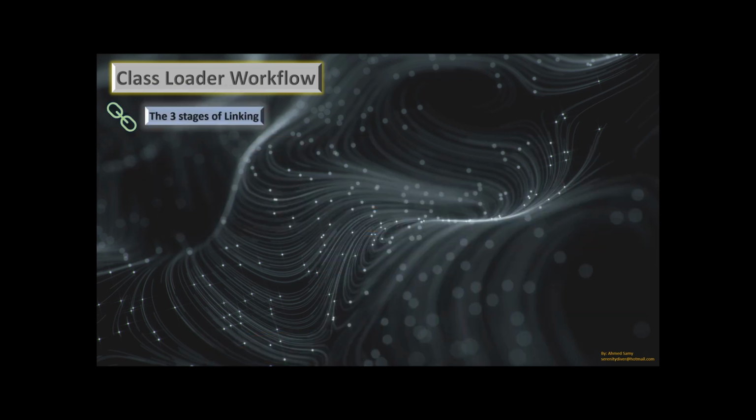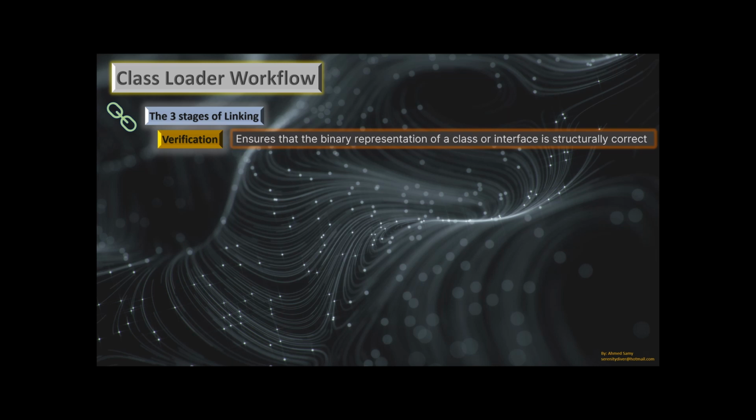This takes us to the three stages of linking, which start with verification. Verification ensures the binary representation of a class or interface is structurally correct. Do you remember from the episode we made about the class content? During verification, this class content should be verified, making sure everything is okay and it has the necessary variables and arguments with no error inside this class.